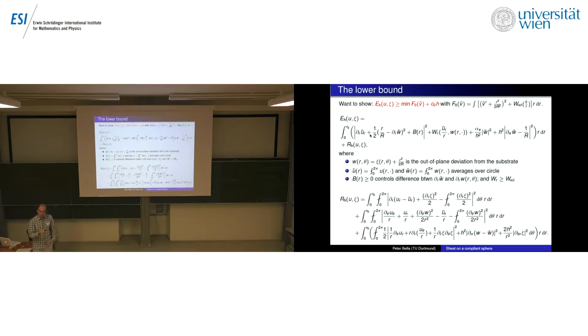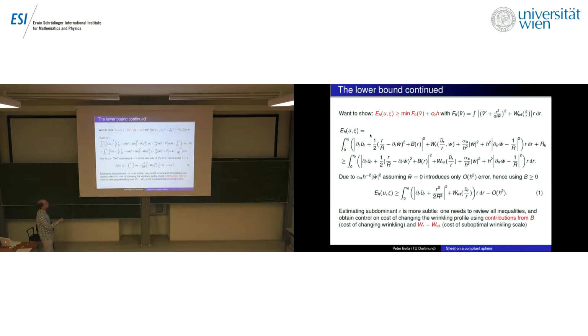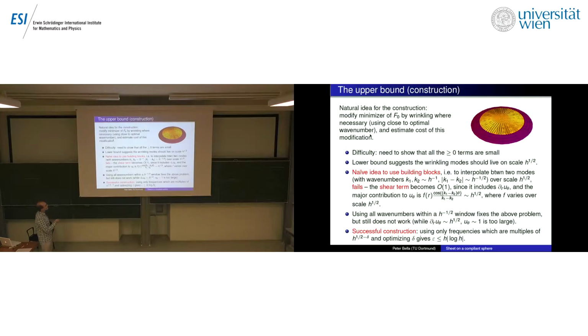In the upper bound, we need estimates for all of them showing that they are not important. It turns out this is not trivial, and the main issue is that it's not clear in what way one should interpolate, or how one should go from one circle to the other, in what way one wants to change the wrinkles, how one wants to go from 10 to 15.